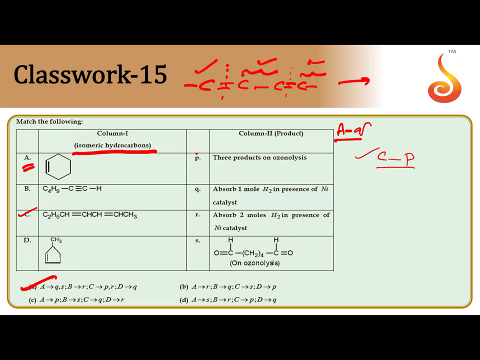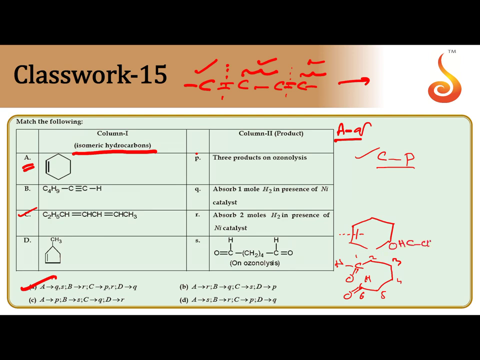For A, S is also possible. On ozonolysis, it gives only one product. After breaking this cyclohexene we can get CHO, CH2, CH2, CH2, CH2, again CHO. So 1, 2, 3, 4, 5, 6, hexane-1,6-dial is obtained.